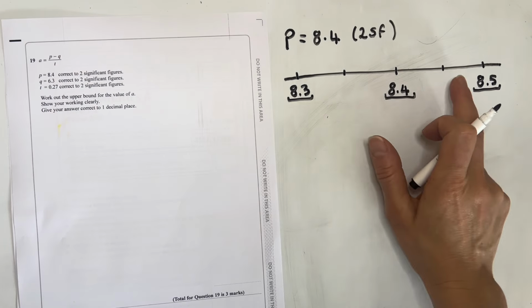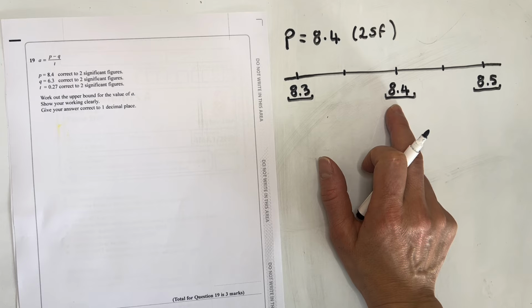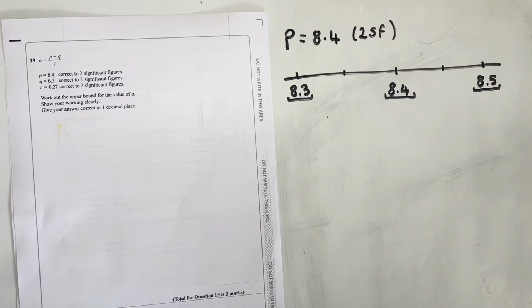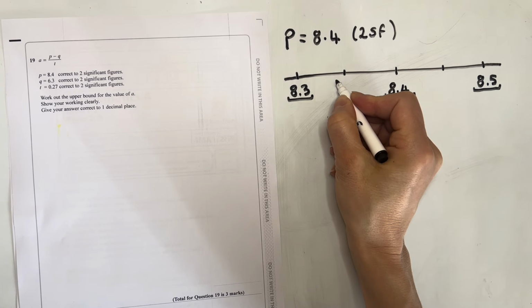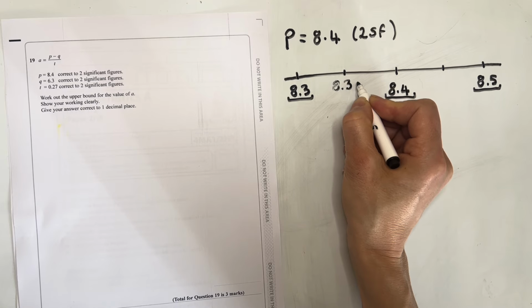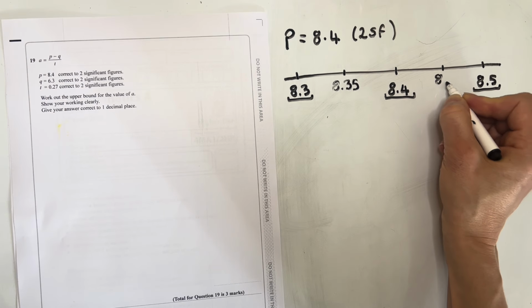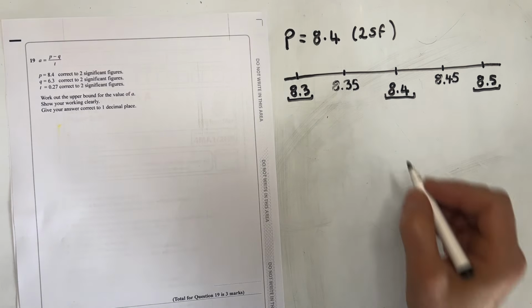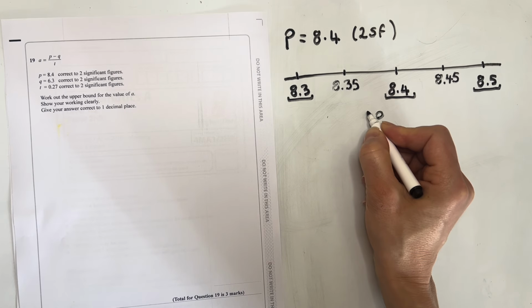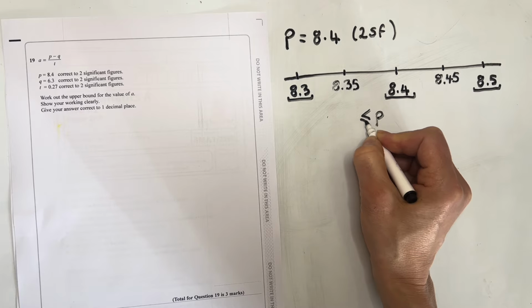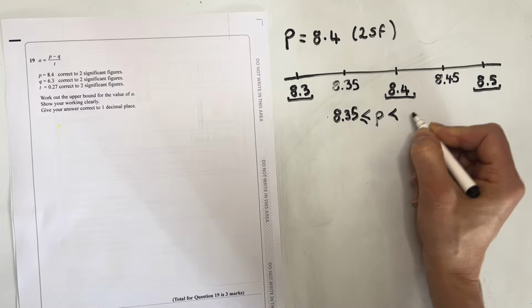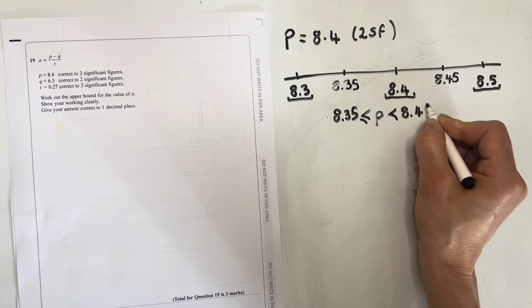The middle values between 8.3 and 8.4 and 8.4 and 8.5 will give us our lower and upper bounds. This means we know that P is going to be greater than or equal to 8.35 and strictly less than 8.45.